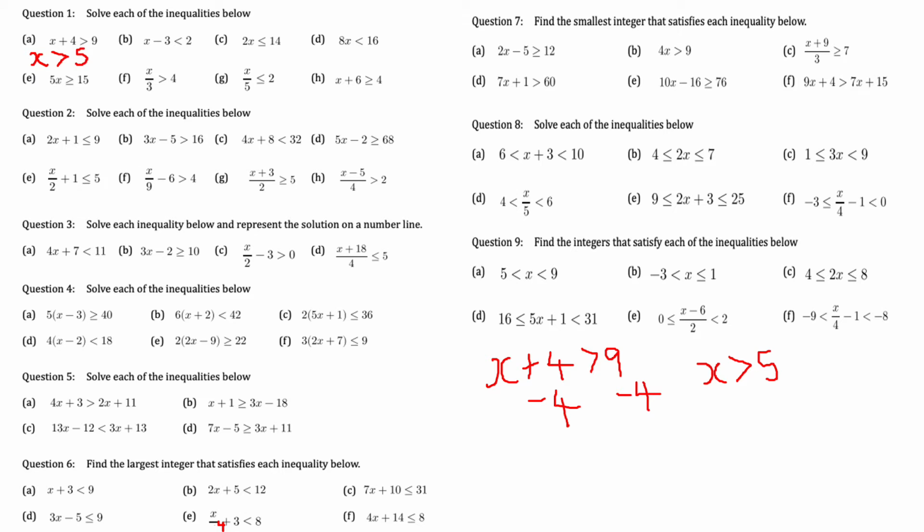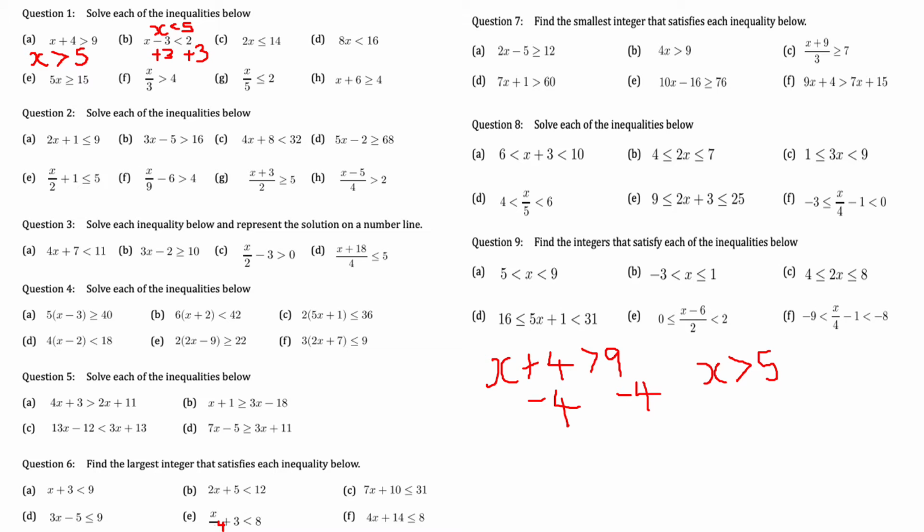Part B: x minus 3 is less than 2. Adding 3 to both sides of my inequality, so balancing both sides, x is less than 5. 2 plus 3 is 5. So x is less than 5.